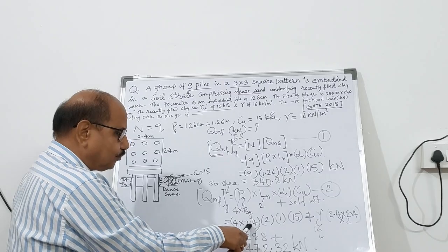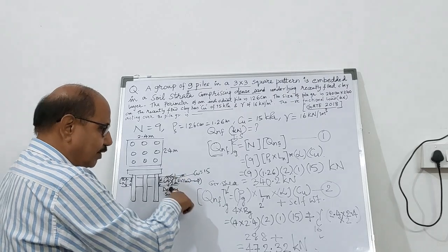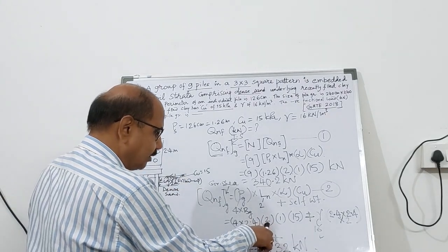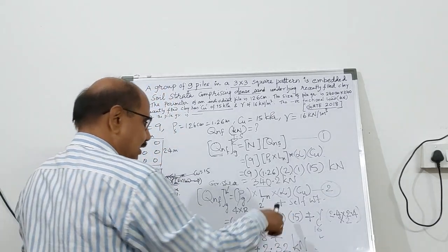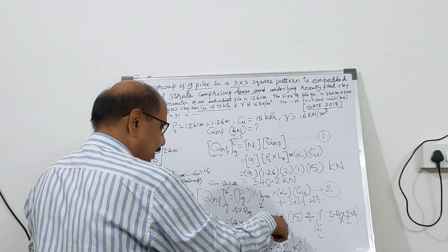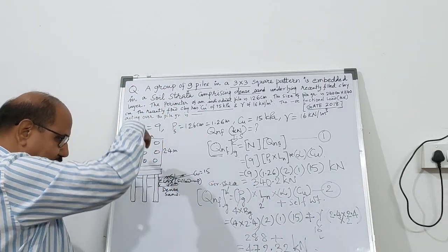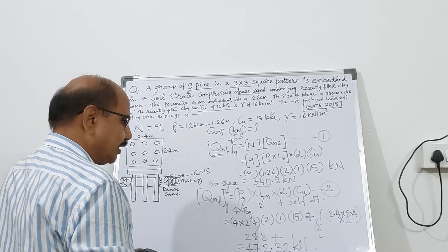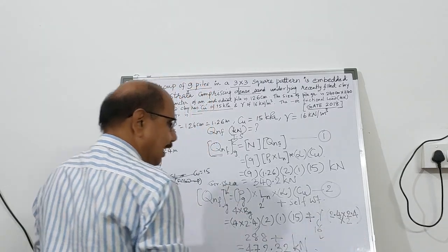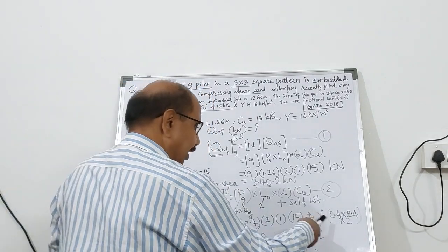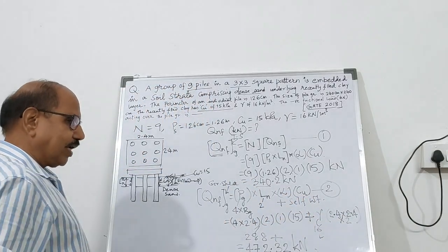The width of the group is 2.4 meters, so 4 into 2.4, and the length of the compressible zone is 2 meters, so you multiply it by 2, multiplied by the skin friction that is getting developed, that is alpha into Cu, plus the self weight of this clay which is acting as a force in the downward direction, and that will be gamma into the volume of the clay mass, that becomes the weight. So the volume is going to be 2.4 by 2.4 into Ln.